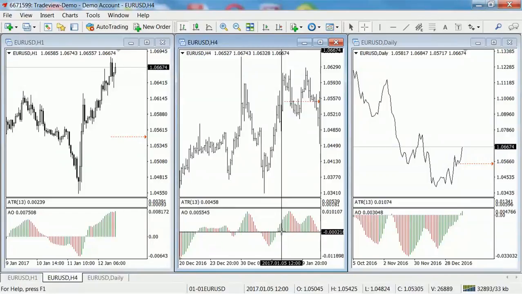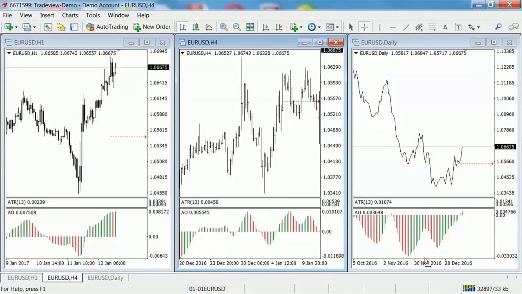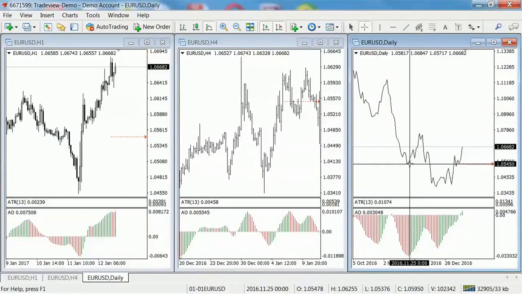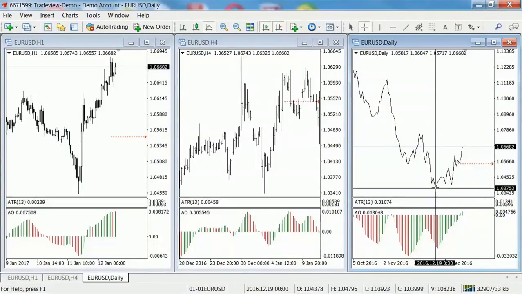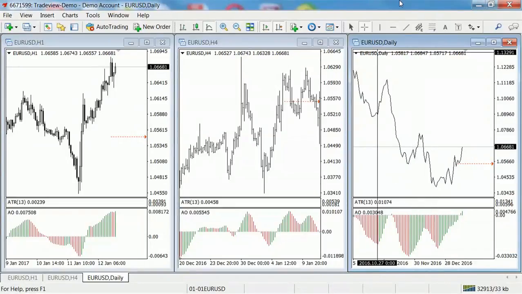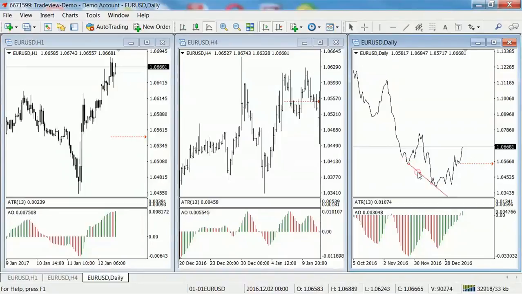You can also trade on a divergence. For example, on the daily chart, you can see that price is moving down from here to here, but there is a divergence in the oscillator. If you draw a line there, you can see what I'm talking about.